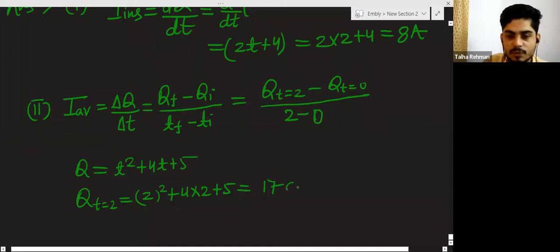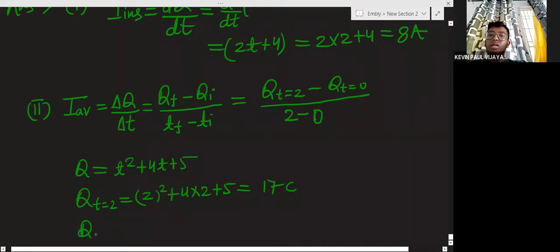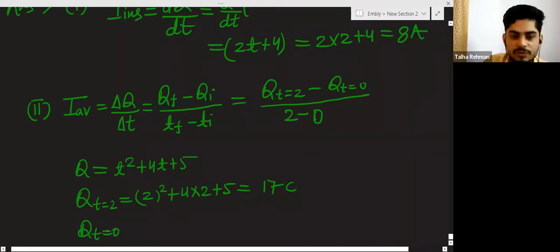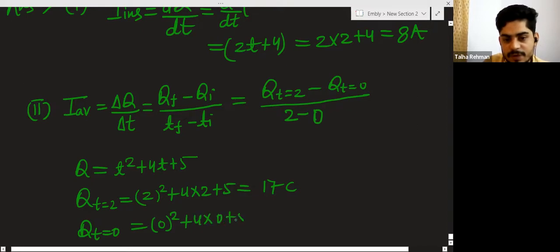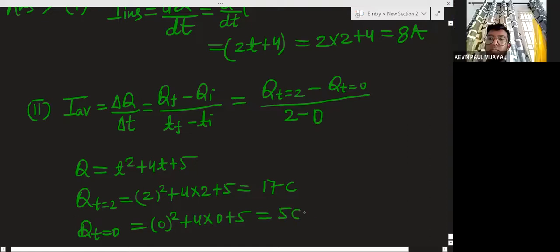This will become 17 coulomb. And if I want to calculate at t is equal to 0, I will put 0 instead of t. This is 0, this is 0. This is only 5.